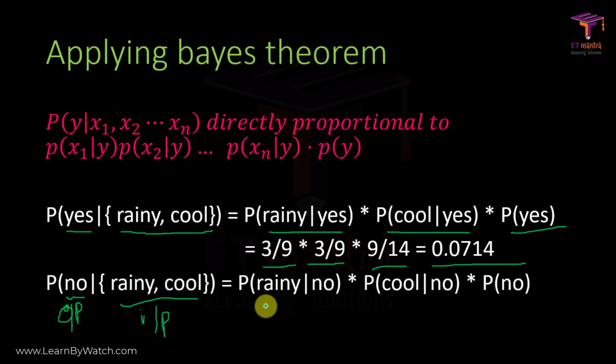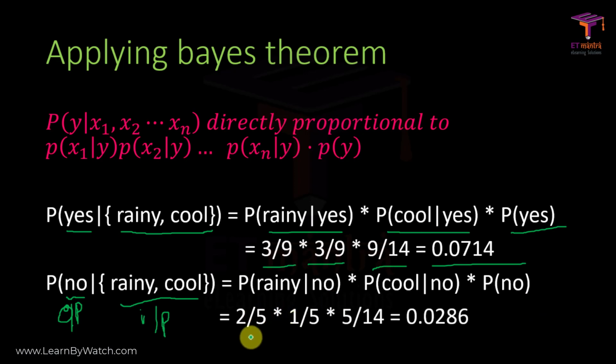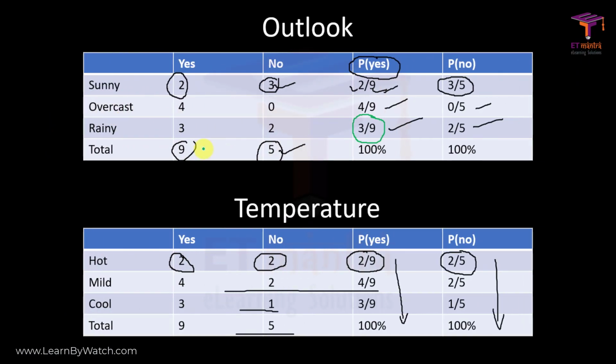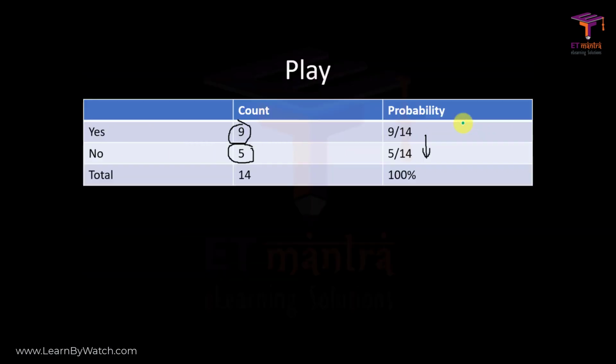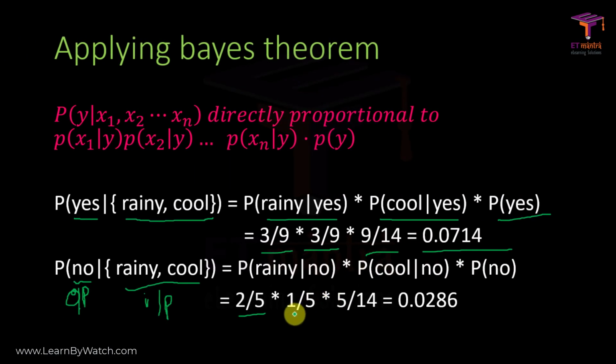In a similar way, using our formula, we get that it is directly proportional to the probability of rainy given no, into the probability of cool given no, into the probability of no. From the table we get 2 by 5 for rainy given no. Similarly, you can check 1 by 5, which is the probability of cool given no, and the probability of no, which is 5 by 14. Multiplying all three, we get 0.0286.